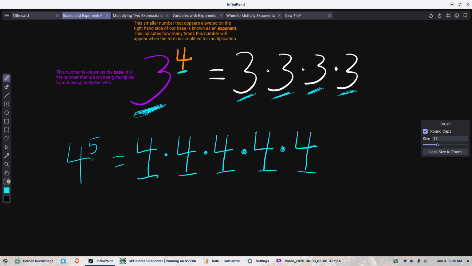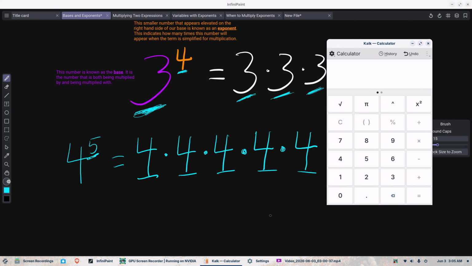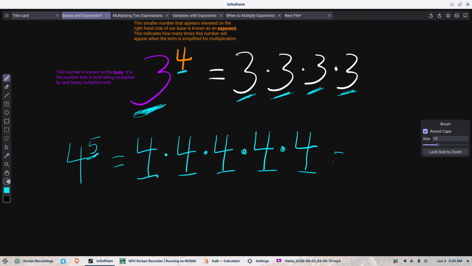This accounts for the 5 that was written here for the exponent. And finally, if we were to put this into the calculator, so if we were to do 4 times 4 times 4 times 4 times 4, this is going to give us 1024.